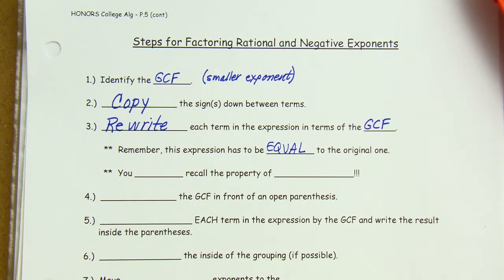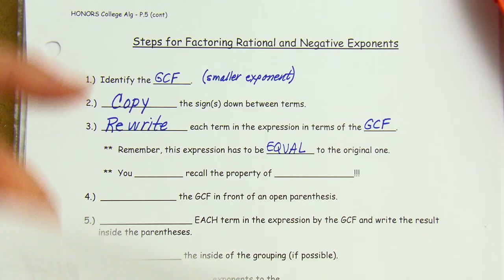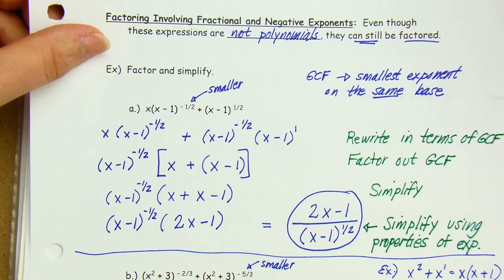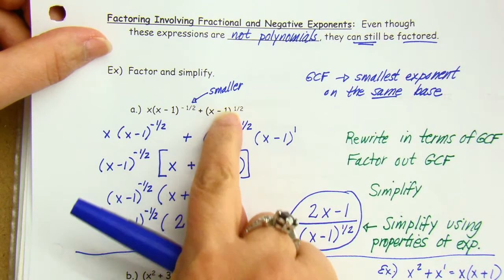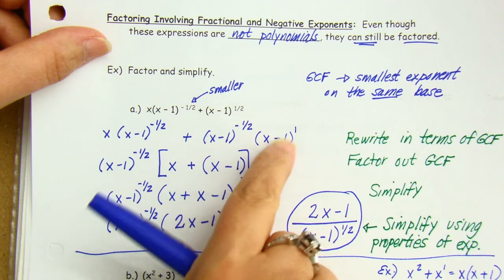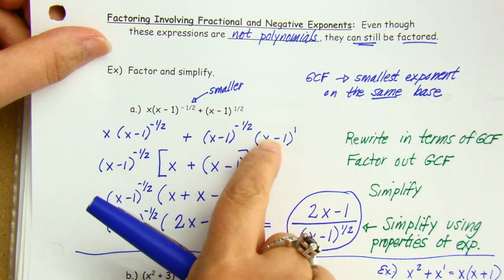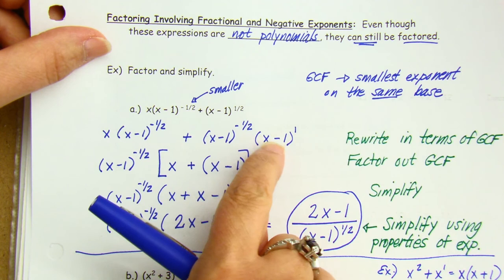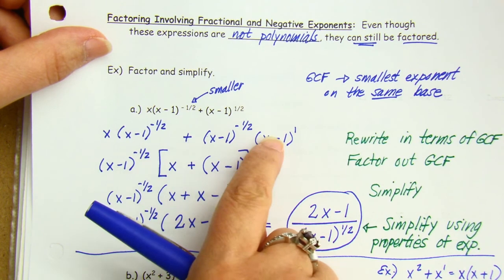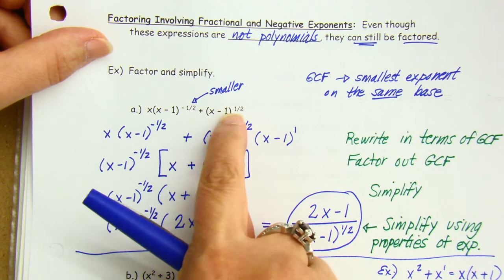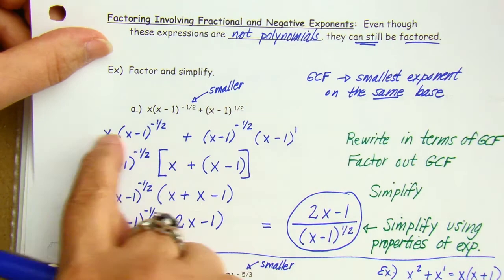Remember, this expression has to be equal to the original one. Like back in this part of the notes, I changed this to a negative 1/2. I must multiply by some power on that same base in order for this multiplied with this to equal the original. This step and this step are exactly equal to each other.